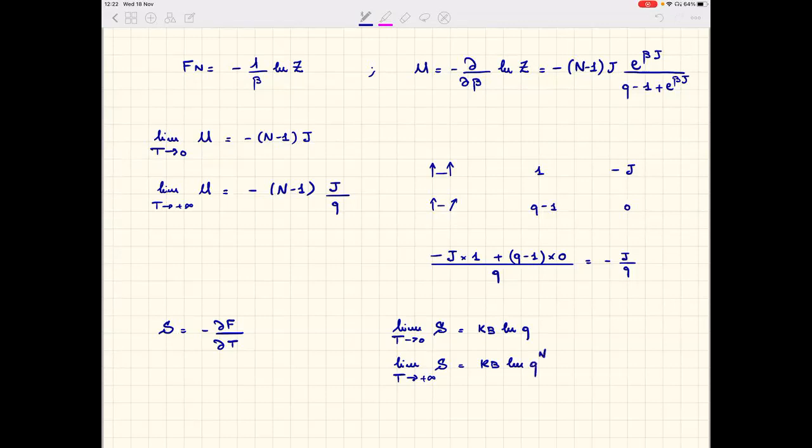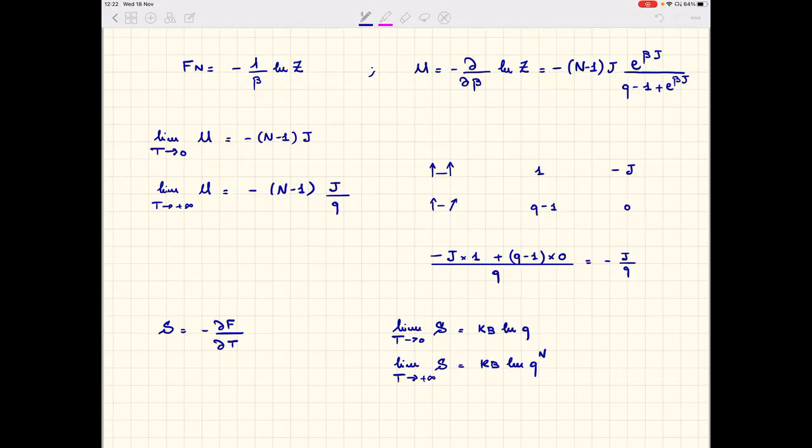Yes. So don't get confused. Here you have to put the total number of configurations that are consistent with the macroscopic conditions. If you have infinite temperature, all configurations of the system are equally probable, right?